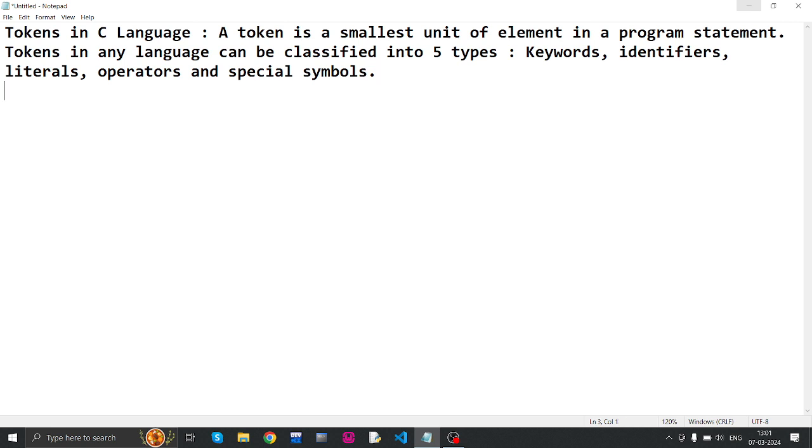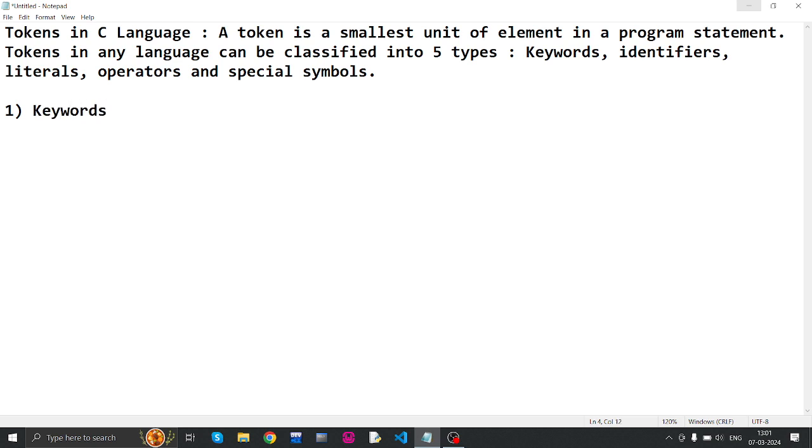Any programming language, whether it is C or C++ or Java, supports 5 different types of tokens. They are keywords, identifiers, literals, operators, and special symbols. Let's see them one by one.